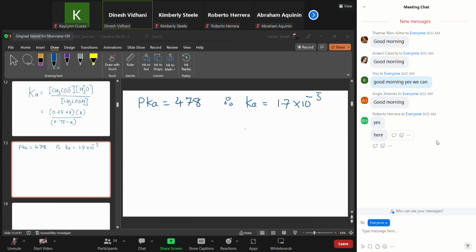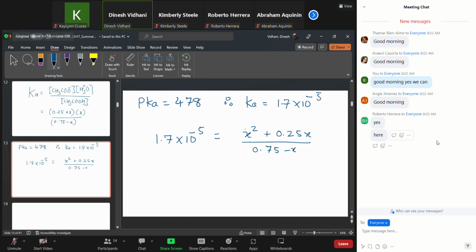Okay, so I'm just going to write that value, 1.7 times 10 to the power -5. That's going to equal, now I can expand what I have in the numerator on the right side: x squared plus 0.25 x, divided by 0.75 minus x. Now, there are two things I can actually assume in this case. Can you tell me what those things would be? I can make some assumptions over here.